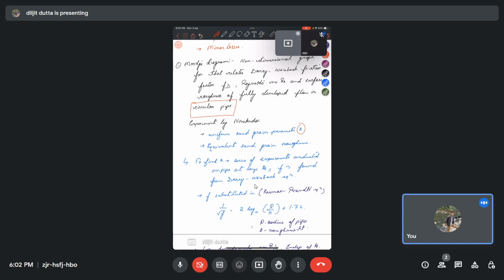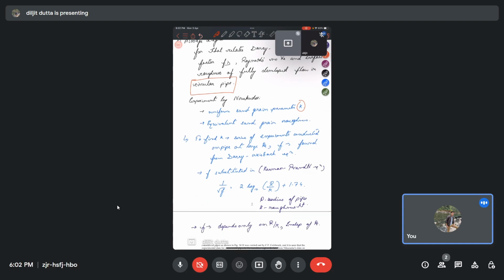So the roughness as well as the diameter of the sand particles was the same. And k is the height of the roughness.